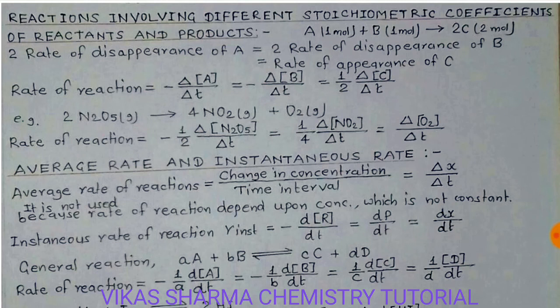For example, if reactant A is 1 mole and B is also 1 mole, and they convert into the product C, which is 2 moles. So the rate of disappearance of A is equal to the rate of disappearance of B and equal to the rate of appearance of C. So the rate of reaction is equal to minus delta concentration of A divided by delta T, equal to minus delta concentration of B divided by delta T. Here both are reactants, so we are using the minus sign. Then delta C divided by delta T.